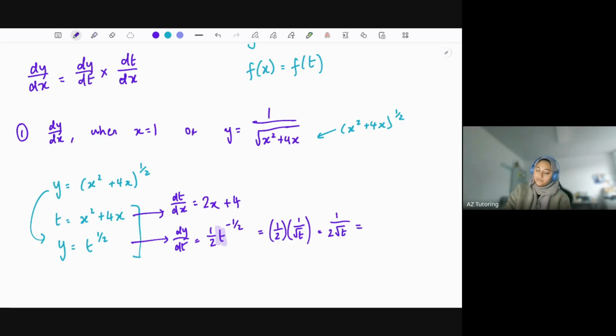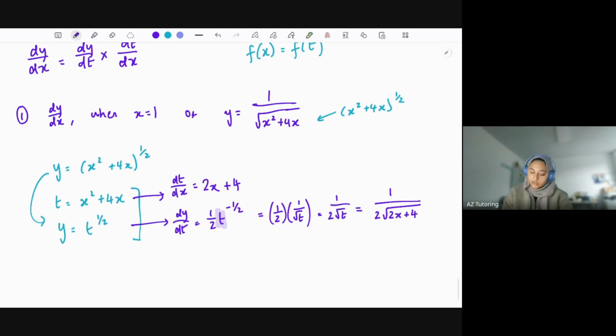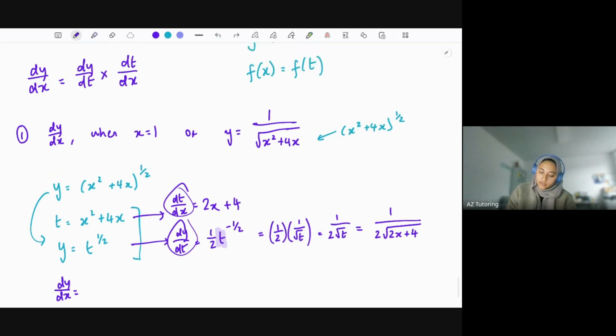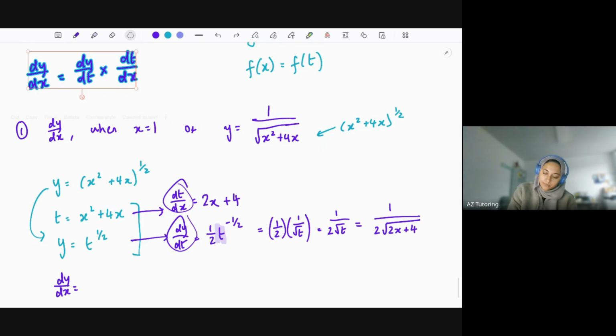So therefore, substituting t into here, what have we said t is? t is x squared plus 4x. So I can just say that's 1 over 2 square root of x squared plus 4x. So that's where that comes from. So now to find dy over dx, all I need to do is plug these into the chain rule formula right here. Bring this a bit down.